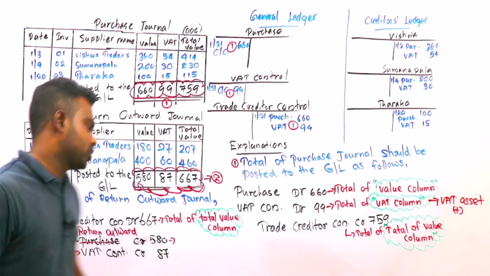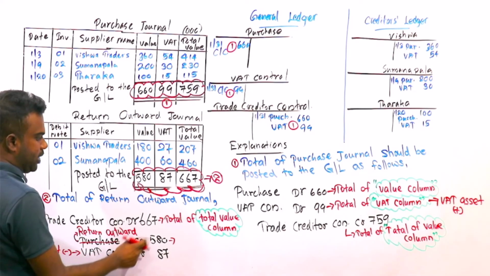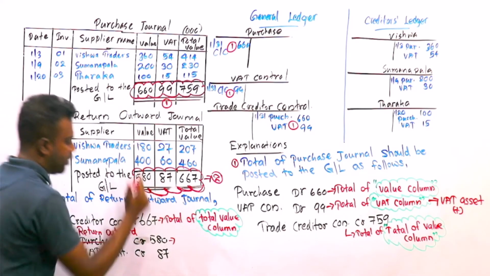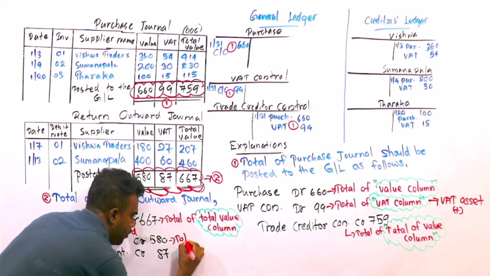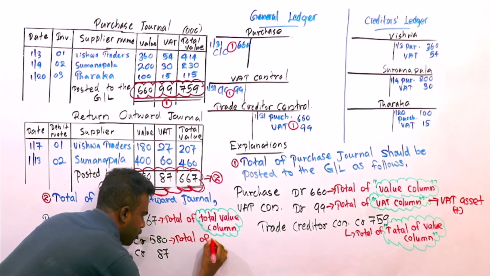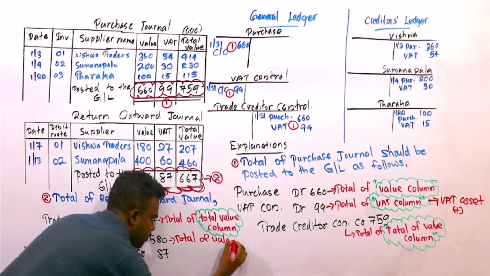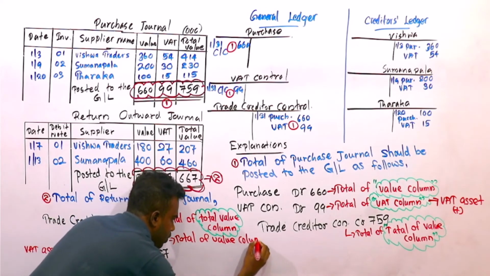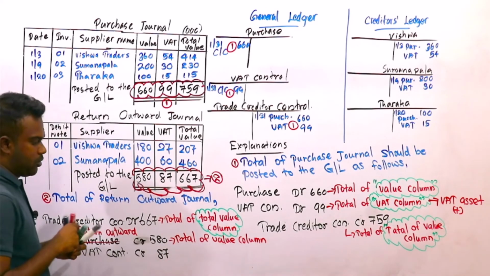Okay, so look at the amount credit. This is value column. Total of value column.